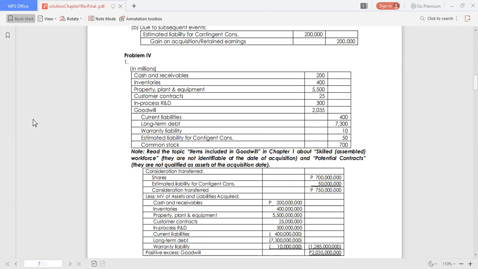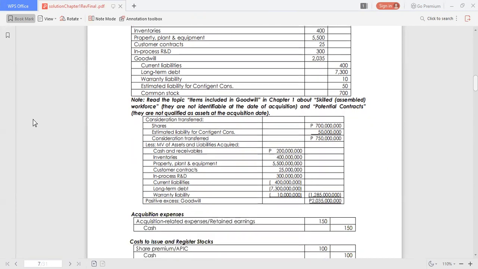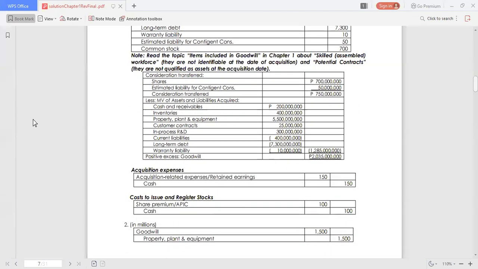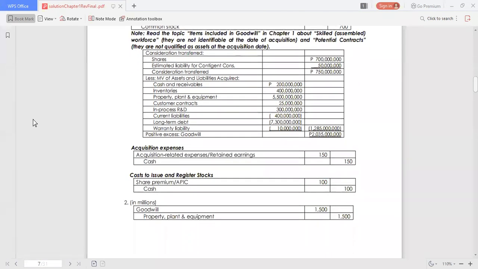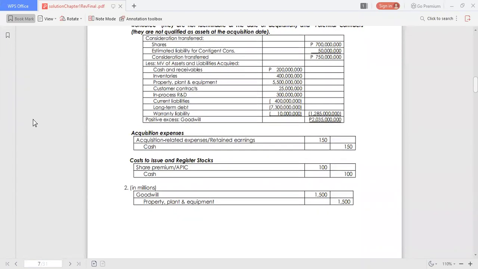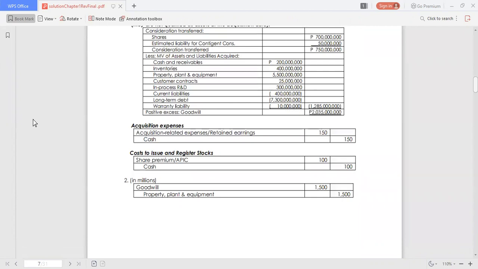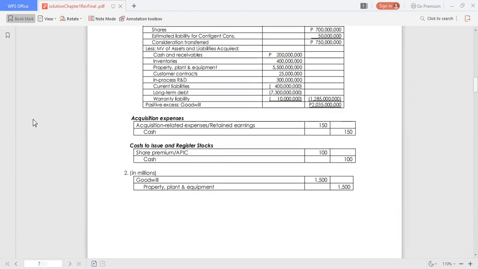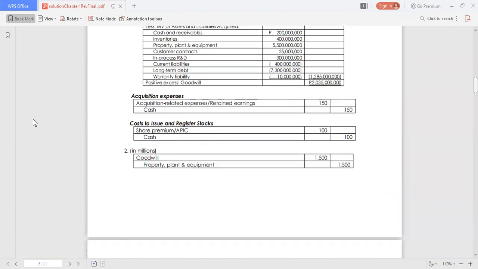Determine the amount of goodwill. So goodwill is a debit. Then we record acquisition-related expenses given at 150,000 and credit to cash. However, the cost to issue and register the stock is a debit to APIC and credit to cash.